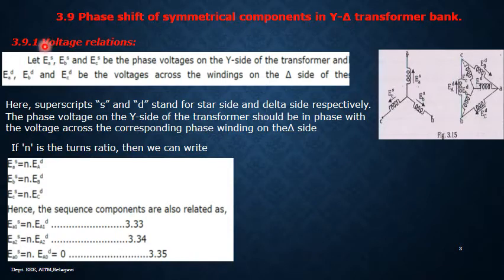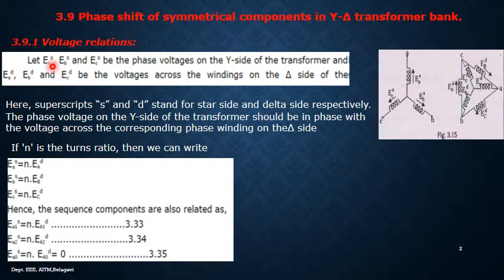First we'll start with the voltage relation with respect to the star side of the transformer as well as the delta side. For that, let us first assume the phase voltages for the star side and the delta side.